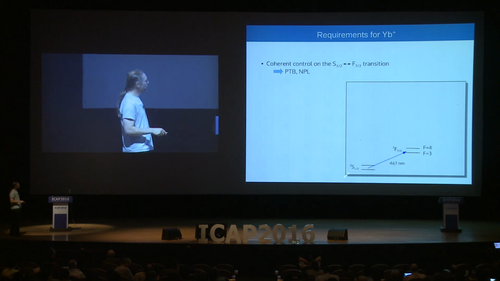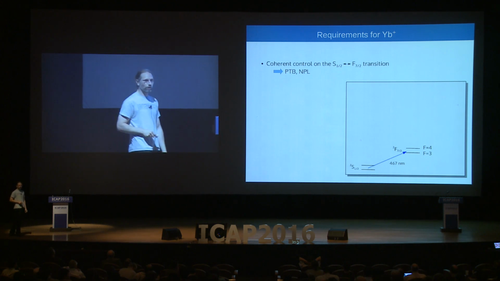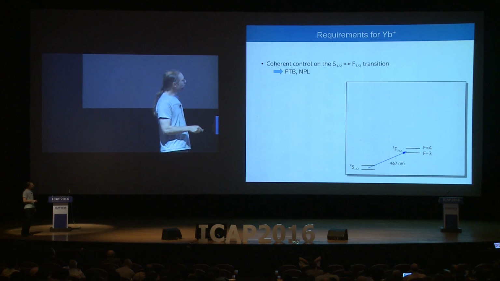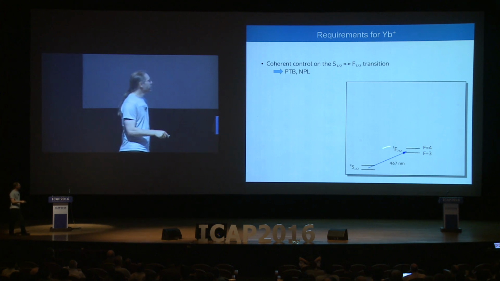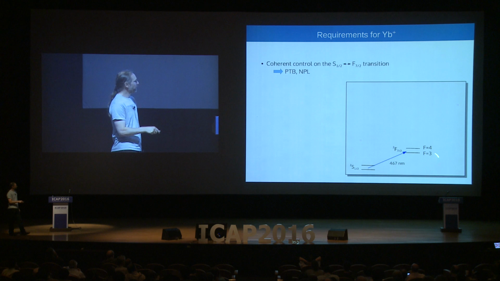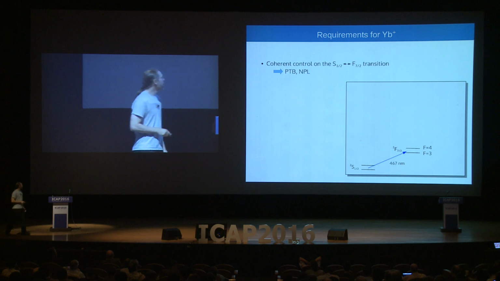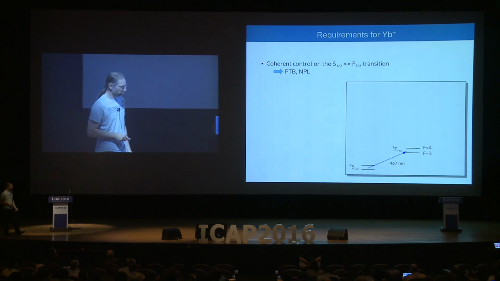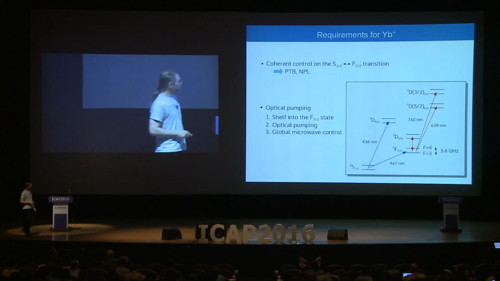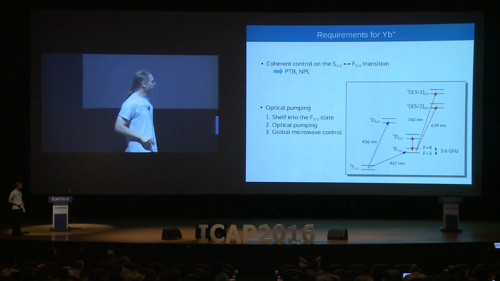They have coherent control over this transition, and they could produce those states, which are superposition states of the same manifold in the F state, which would be much more sensitive to this Lorentz invariance. But there are maybe also other methods to produce these superposition states in the F state.